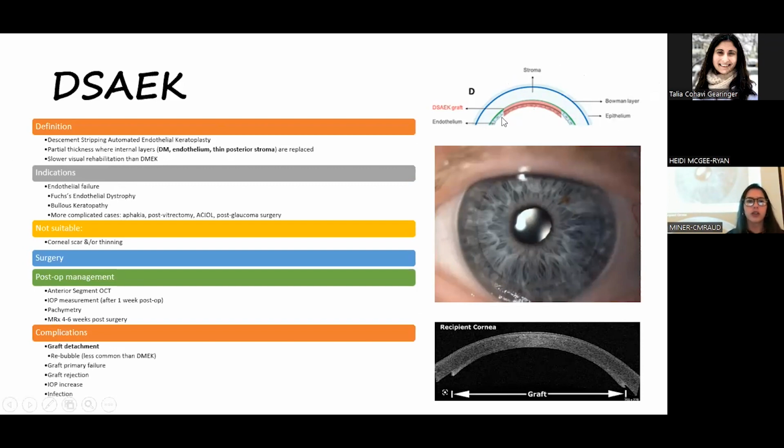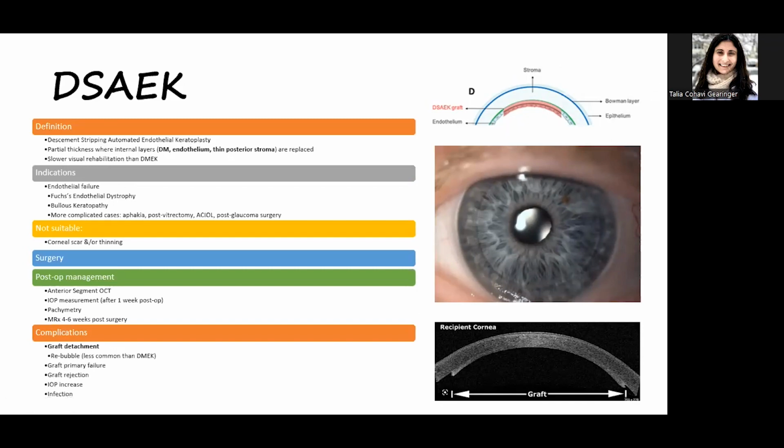So we also call it a partial thickness transplant of the inner layers of the cornea, but in difference from the DMEK, which we're going to be talking about later, the DSEK has a very slight layer of the posterior stroma. So it means that it has 3 layers: the endothelium, which is the most inner layer, the one on top of that, which is the Descemet, and a very thin part of the posterior stroma.